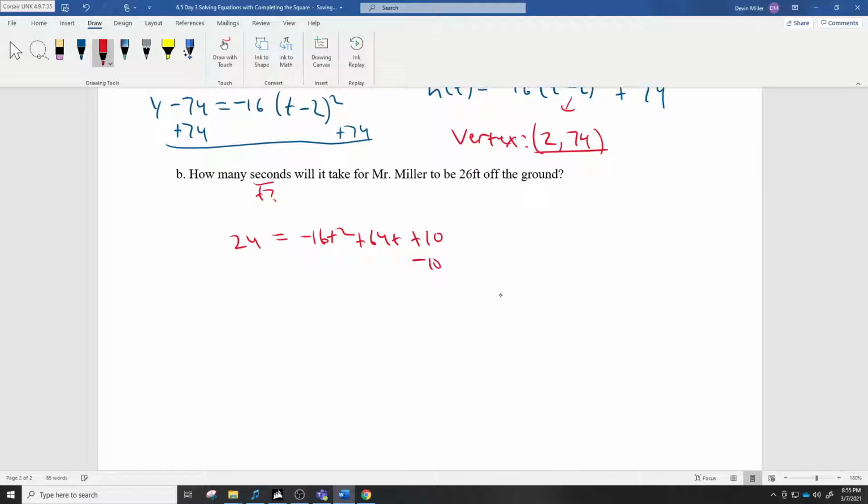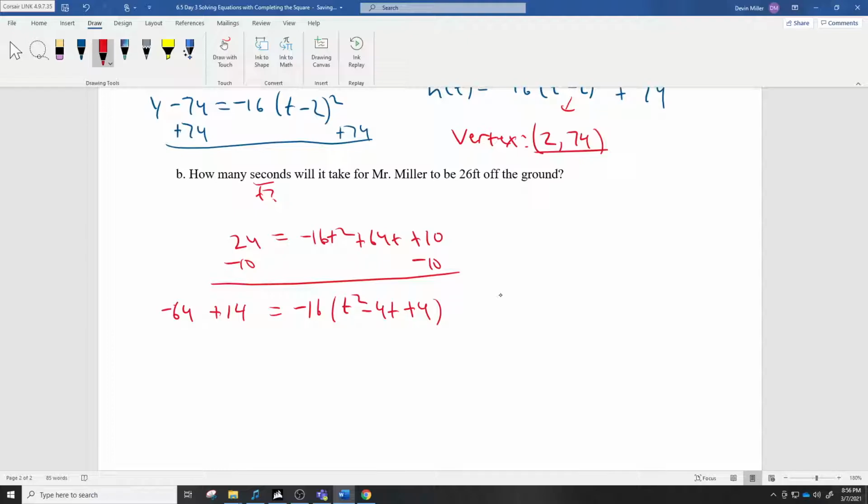So the first step we did was minus 10. The only difference is we don't have a y on this side. So this would be 14. And then factor this, which we already did, copying that down. I believe we did t squared minus 4t, and we added 4 here, which meant we added 64, or minus 64. There we go.